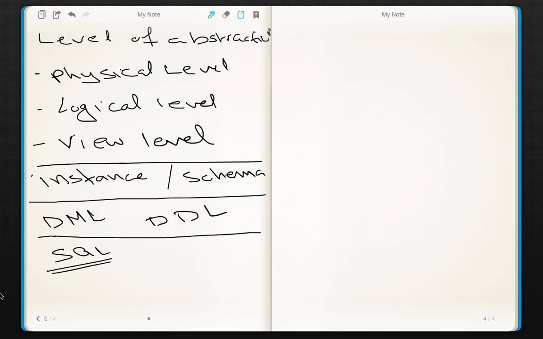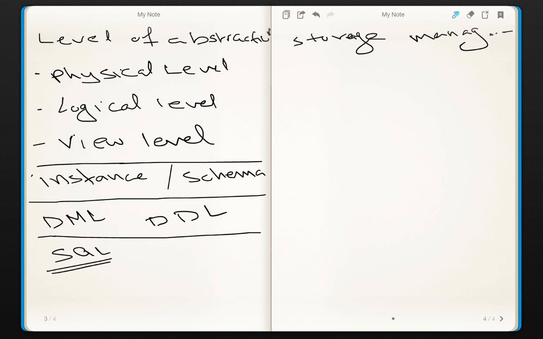Also, this is all about week one, you need to understand the storage management, and how we manage the storage.